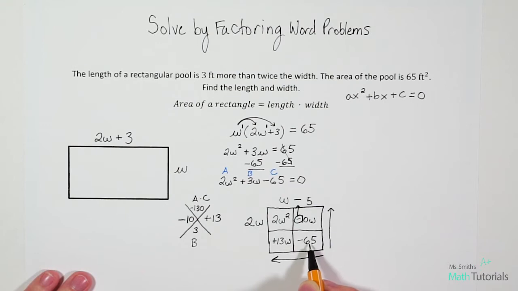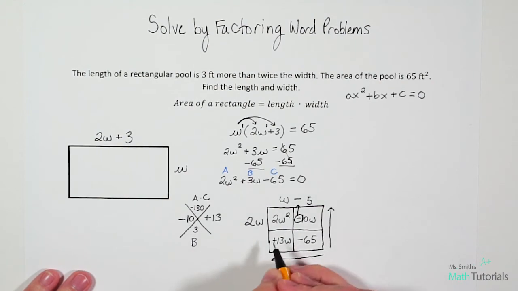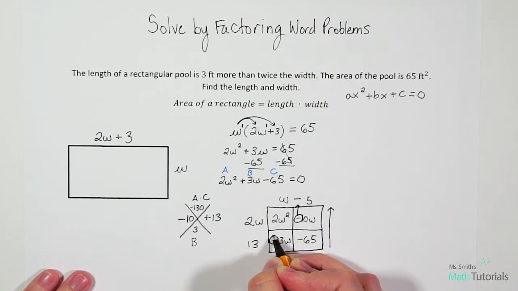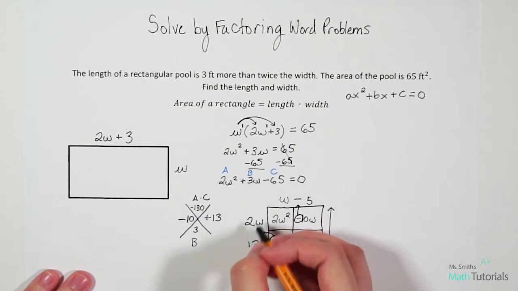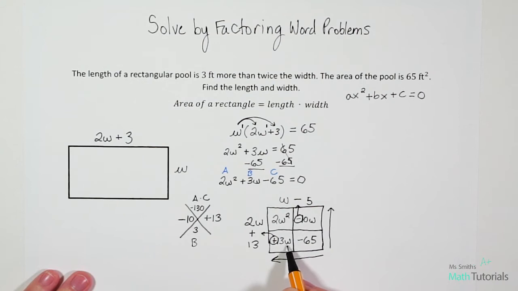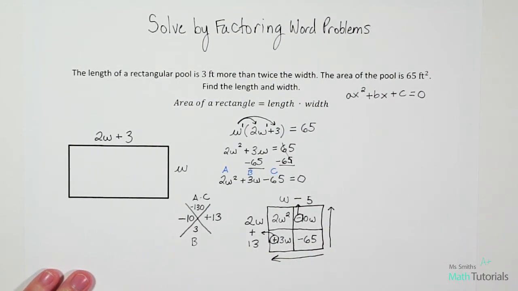So I'll go ahead and let you know that the GCF here is 13. If you were unsure of that, definitely use that calculator trick. And not only is it 13, but we always factor out whatever that sign is. So we see that it's a plus, so we pull out a plus. I can't pull a W out because even though the 13 has one, the -65 doesn't, so I can't pull a W out.